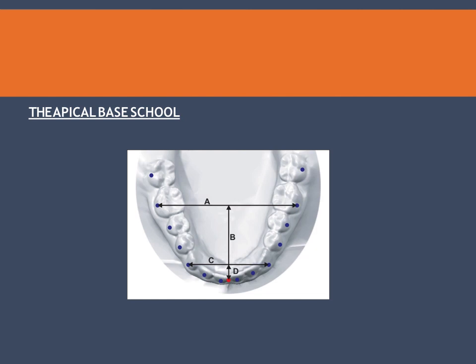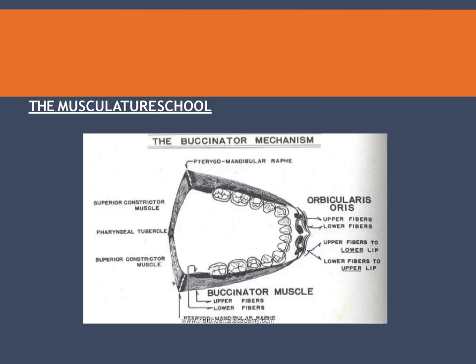Then you have the apical base school, which says that if you maintain the width of your apical base, the bony base on which the dentition is present, especially your intercanine and intermolar width, if you don't change and meddle with it much, then your results are going to be stable.